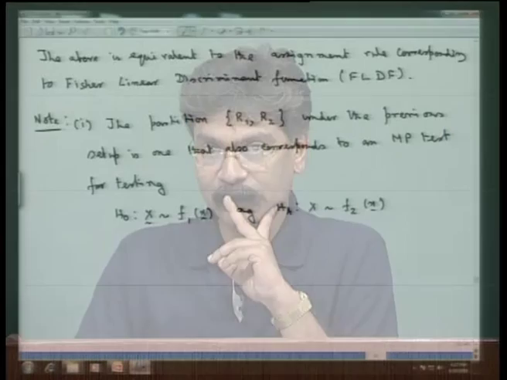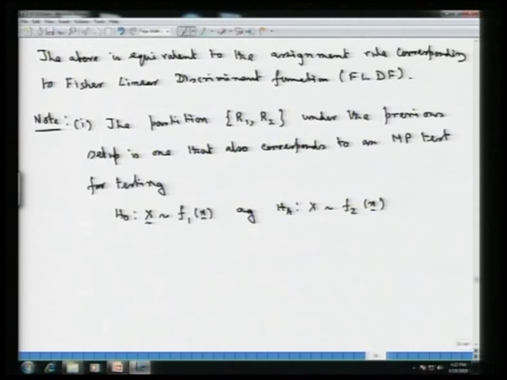So, by the Neyman-Pearson fundamental lemma, the most powerful test would be given by the ratio of the density under HA divided by the density under the null hypothesis being greater than or equal to k.